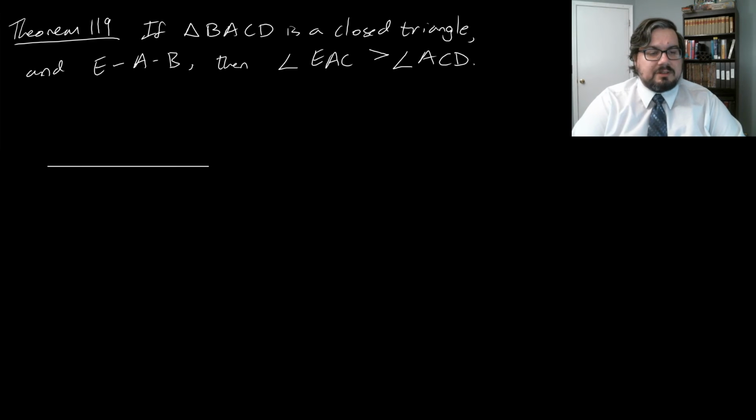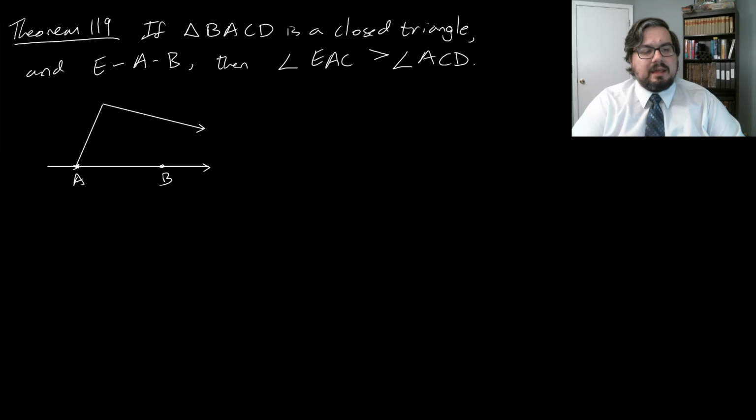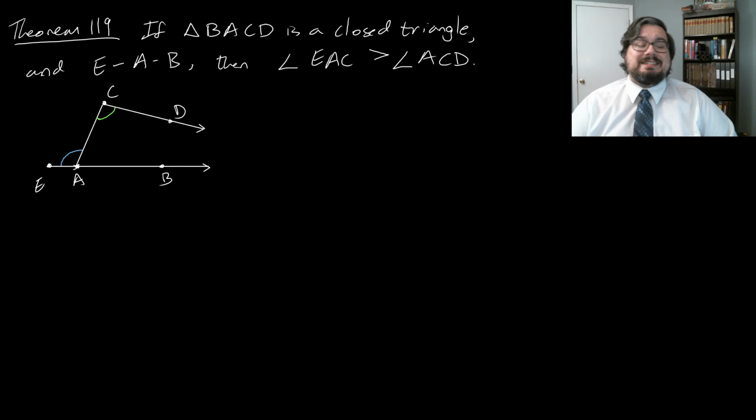So let's sketch out what this situation looks like. We have the closed triangle BACD. We have the point E over here, and Theorem 119 tells us that this exterior angle to the closed triangle is greater than this remote interior angle.